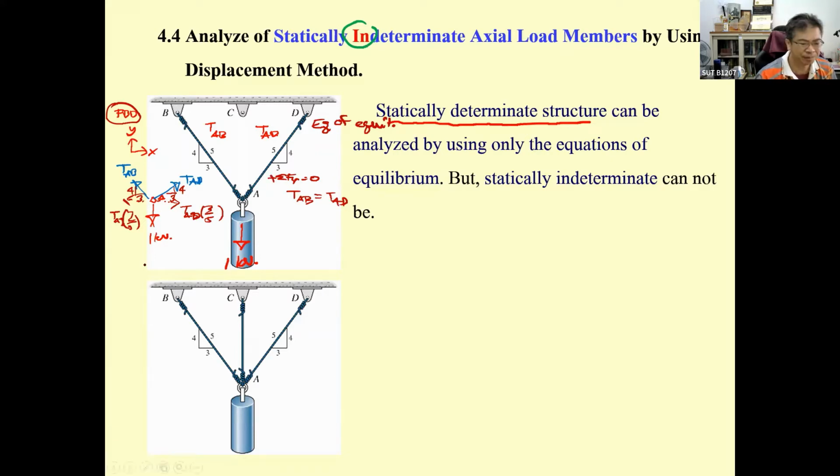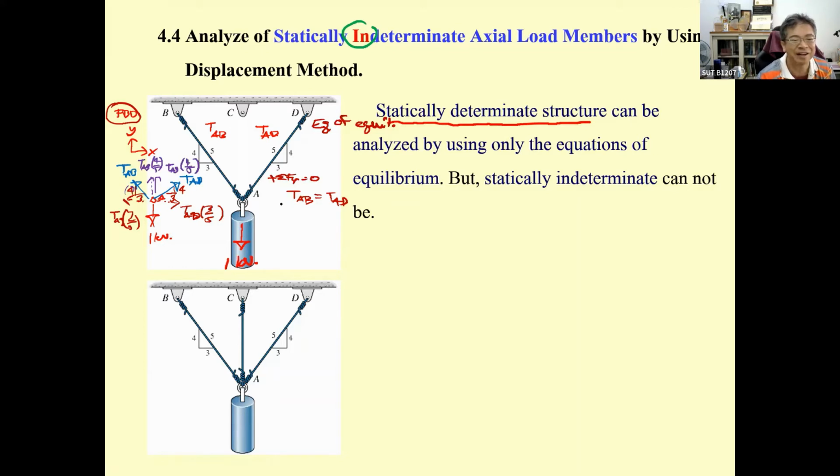And then when you take the summation of the force in the vertical direction, you have this one, T sub AB times what? This is 4 over 5. And this is T sub AD 4 over 5.